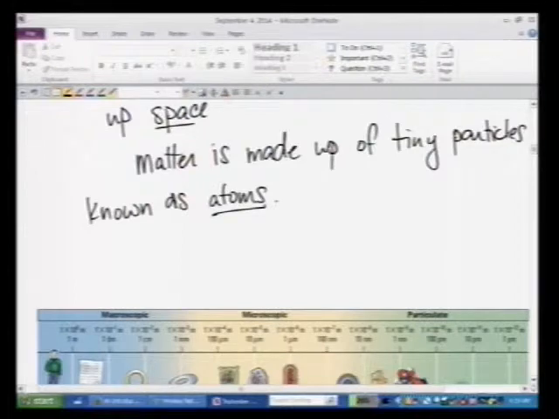Okay, and then we would include here, atoms are the smallest whole particle of matter.